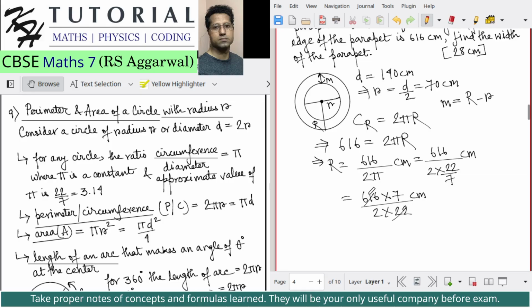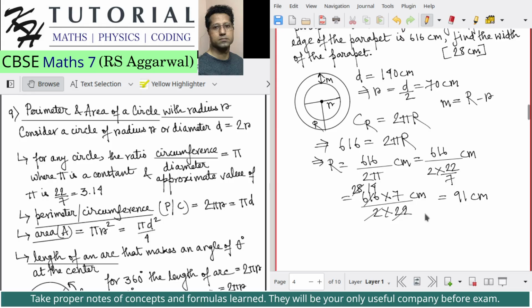Let's try to divide 616 by 22. So this will be 2, 44, 44 and 17, 17, 17. Okay, so 28 and 2, 140. So this is equal to 91 centimeter. Capital R is 91 centimeter.